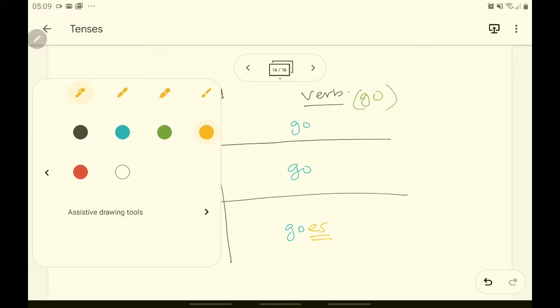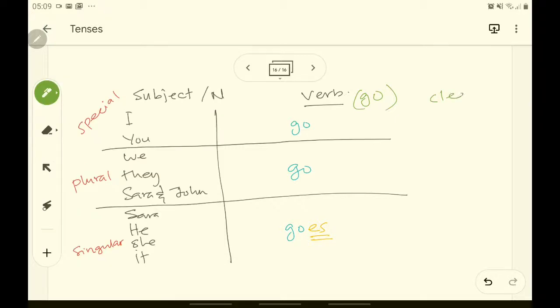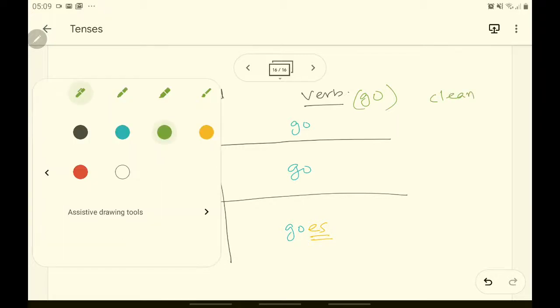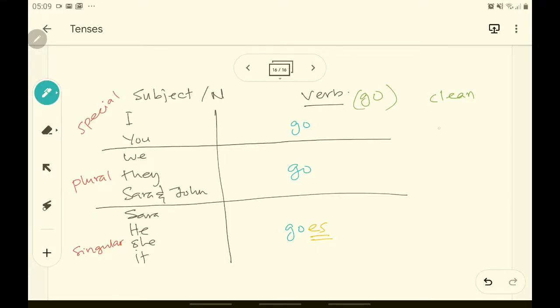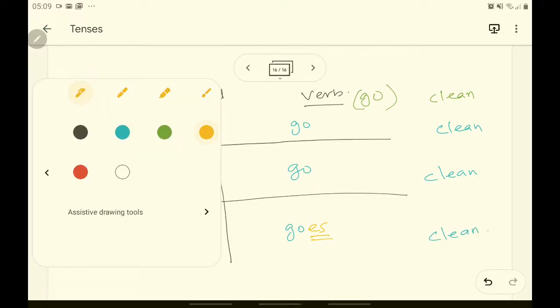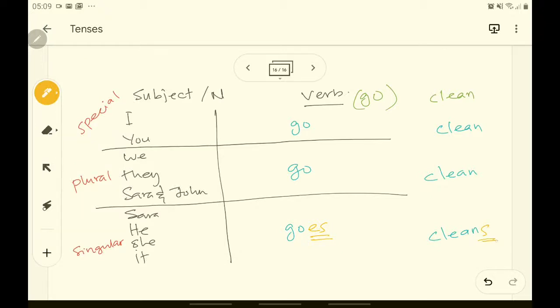If your verb is, let's say, clean, then this one is the same, clean, and this one is the same, clean, but for the last one you have to add s at the back, cleans.